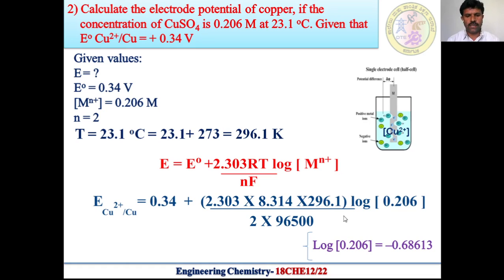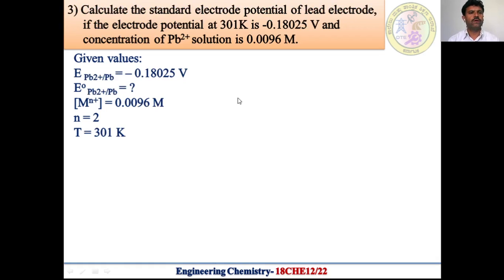After calculation, you will get the electrode potential of the copper is equal to 0.3198 volt. So this is about the problem number 2. Let's move to problem number 3.